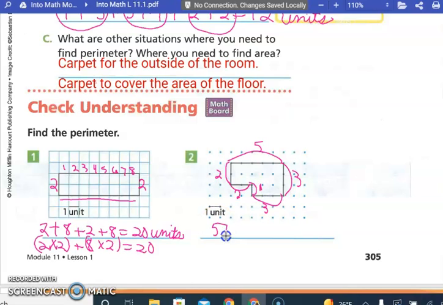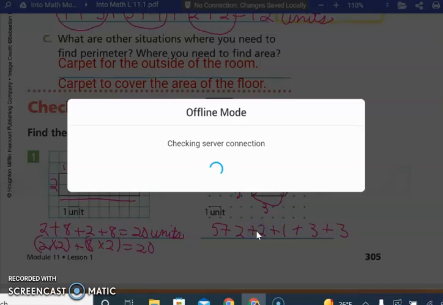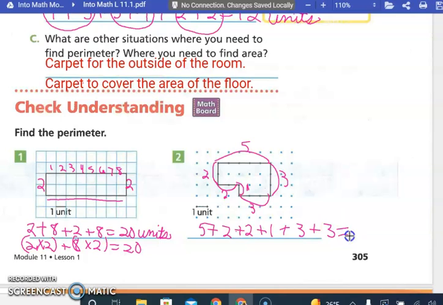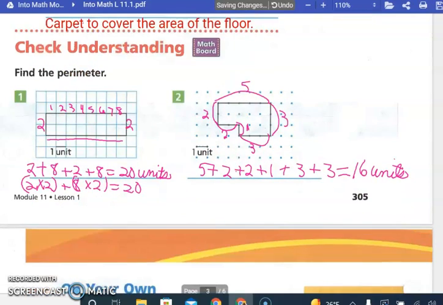So 5 plus 2 plus 2 plus 1 plus 3 plus 3 equals 16 units.